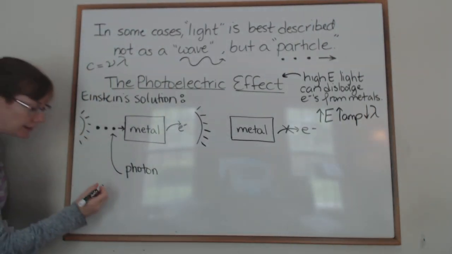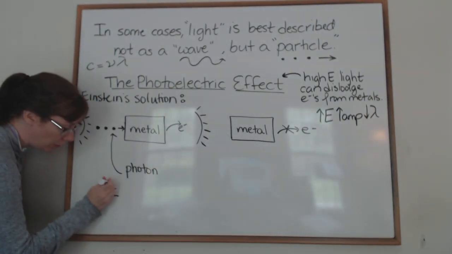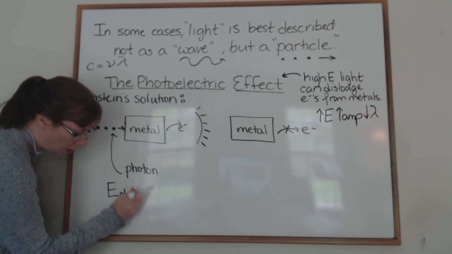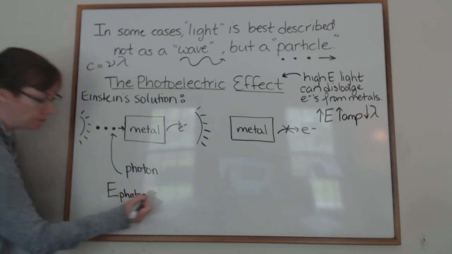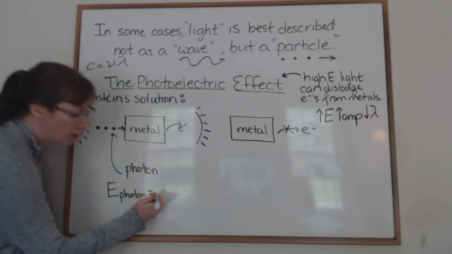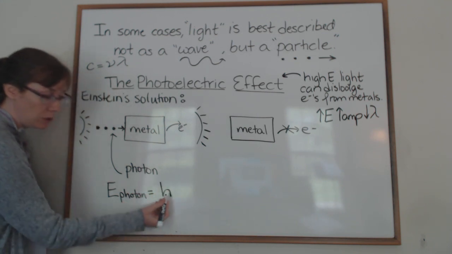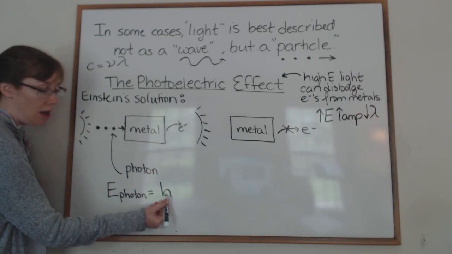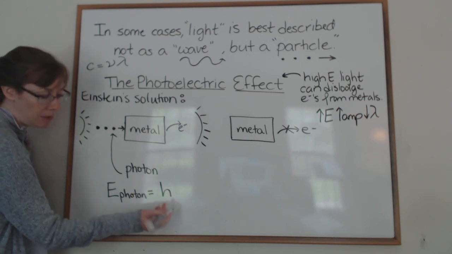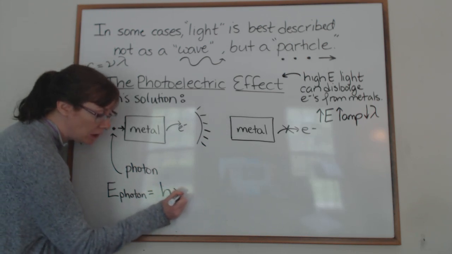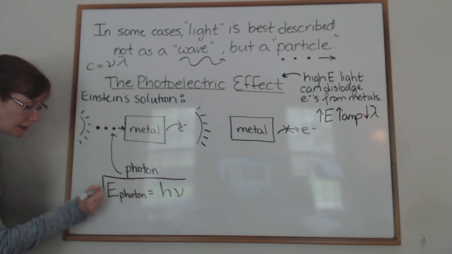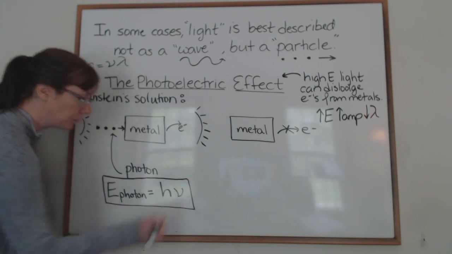And what Einstein discovered, in his equation here, is that the energy of the photon is equal to what we call Planck's constant, which was related to Max Planck's discovery, but for now just understand that h is called Planck's constant, times frequency. So go ahead and box this. This is an equation we're going to be using.